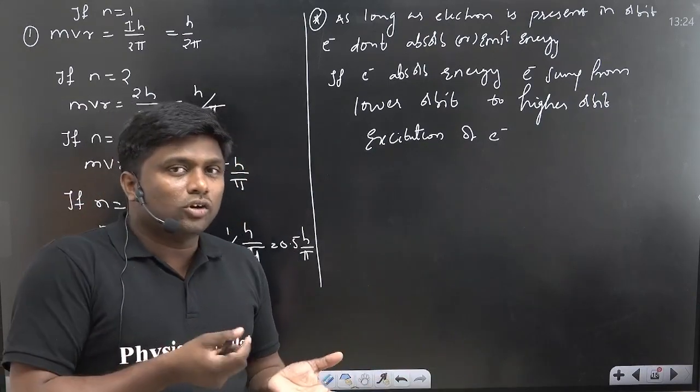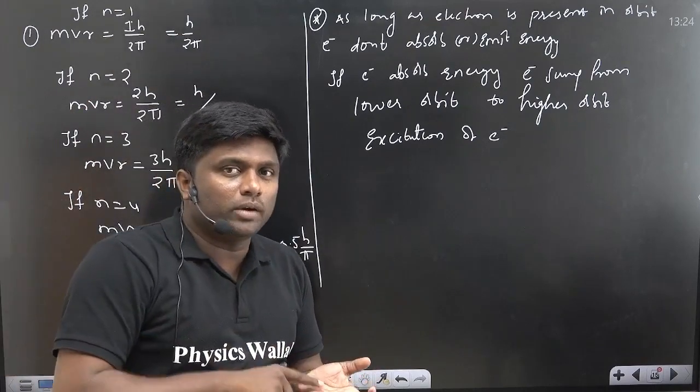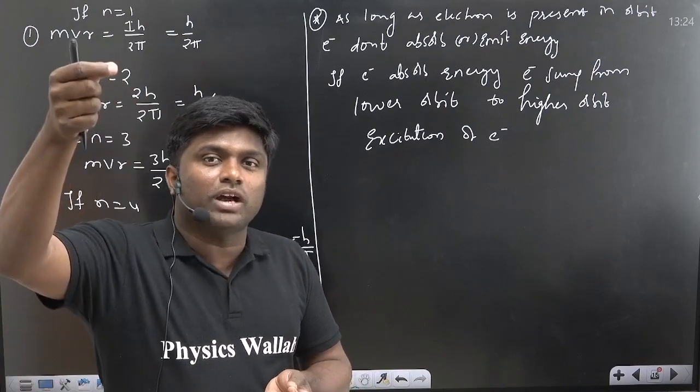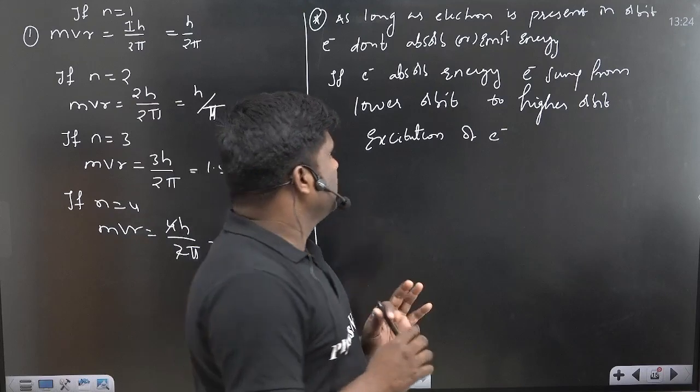So the electron absorbs energy and goes to the excited state, that is, from a lower orbit to a higher orbit. After some time it releases the energy and comes from the higher orbit to the lower orbit. This is called de-excitation.